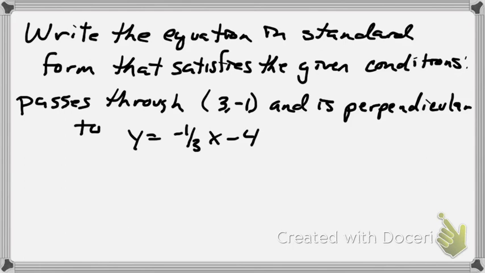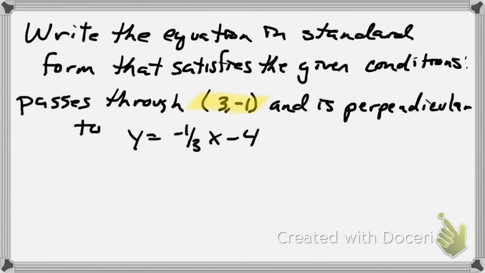In this problem, the line passes through (3, -1) and is perpendicular to y equals -1/3 x minus 4. Okay, so we want a point and a slope. Well, we have the point.